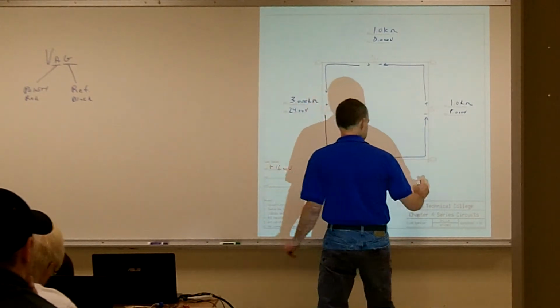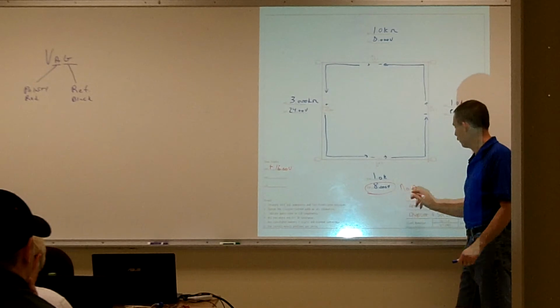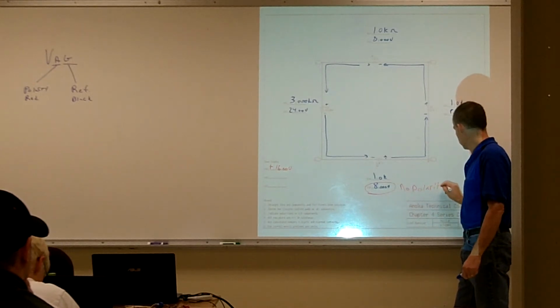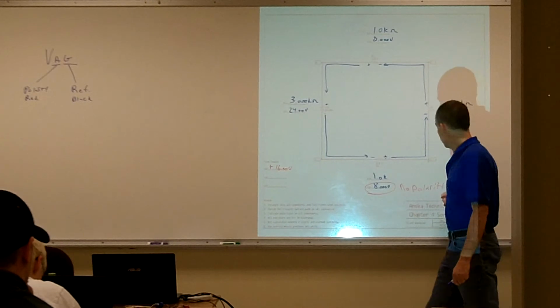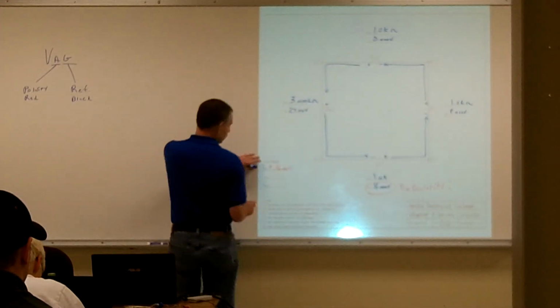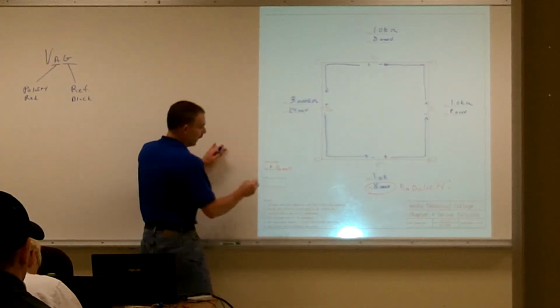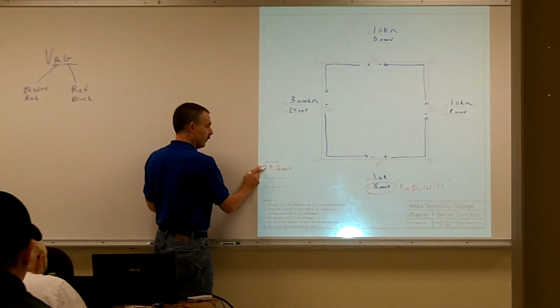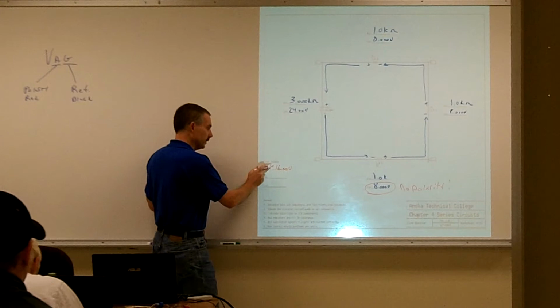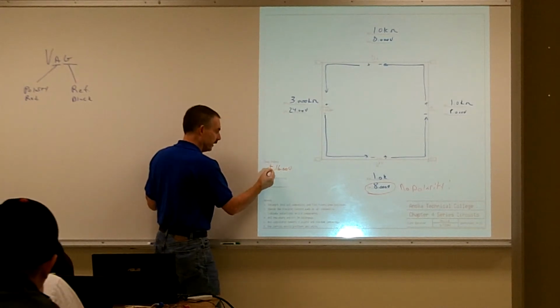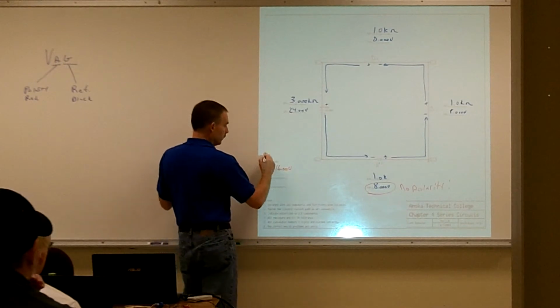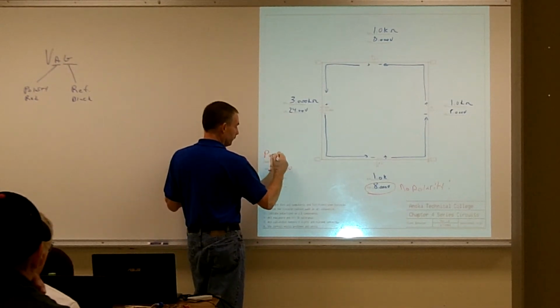I'm not indicating a polarity for my answer. When I am talking about test points, I do have to make sure I have a polarity. I have to identify whether it's positive or negative. If it's positive, I have to put that positive sign in there. If it's negative, I have to put that negative sign in there. So I need to make sure there's polarity on it. Okay?